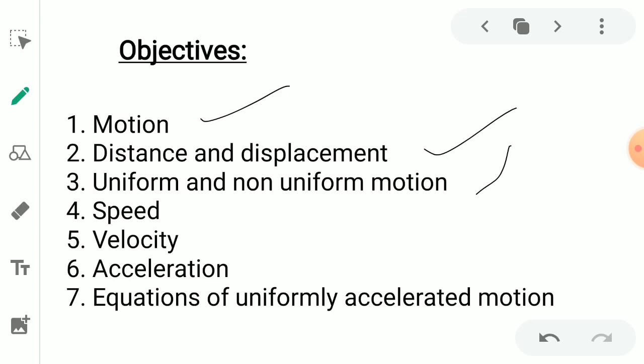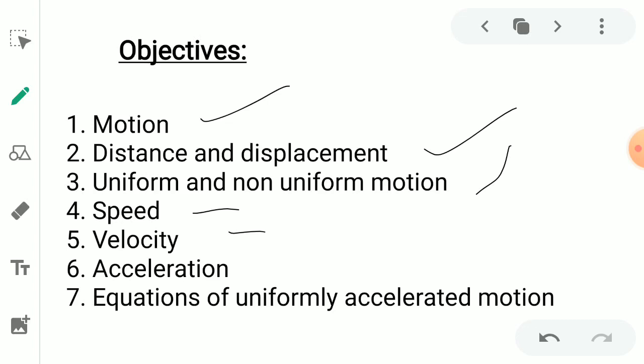Then we will see speed. In speed, we will also see average speed, and with the help of distance and time, how we will be able to calculate the value of speed. Then we will come to velocity, and in velocity we will see uniform velocity, non-uniform velocity, average velocity, as well as the graph related to it.